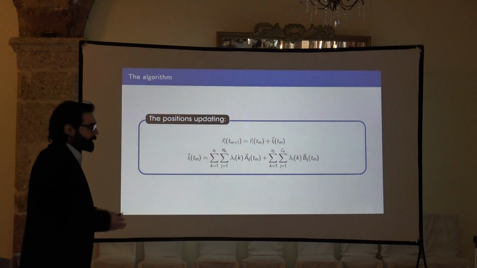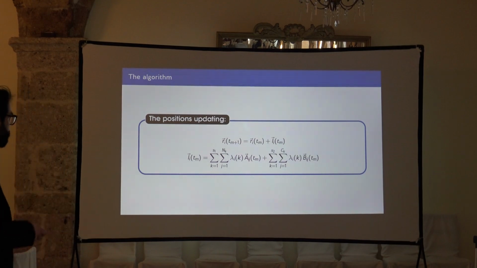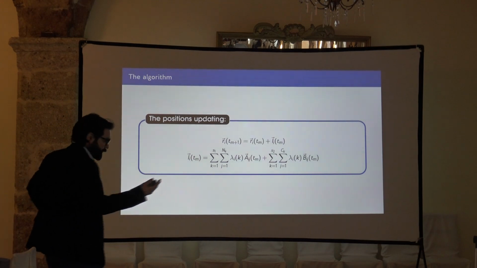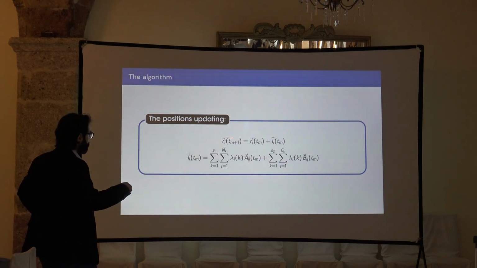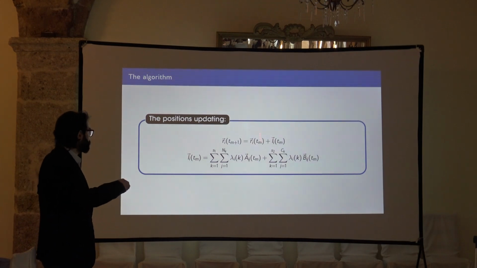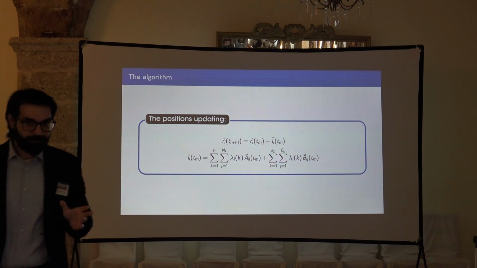So, how do we move the points? The algorithm that changes the position of the followers is this. The position in the next iteration of the algorithm is the previous position plus a term that we call interaction. The interaction is not a force.